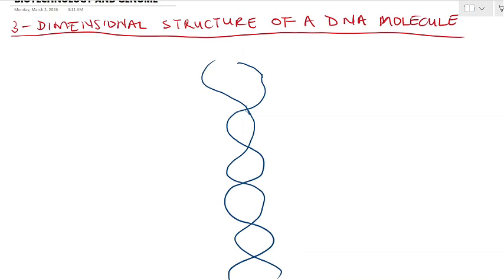Okay, so you have the three-dimensional structure looking like this, and you have the bases. So I'll just point out where the bases are situated in the three-dimensional structure. So you have things like this representing the bases.